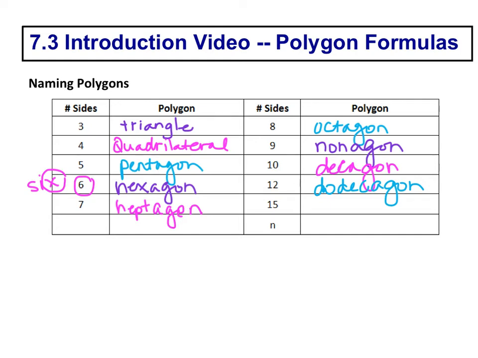15 sides is a pentadecagon. And then if it has n number of sides, we call it an n-gon.